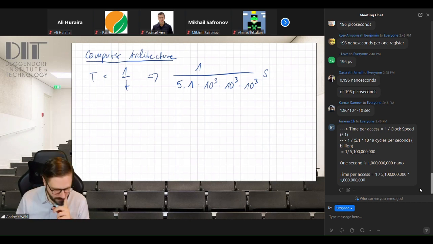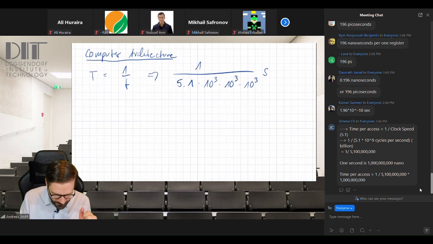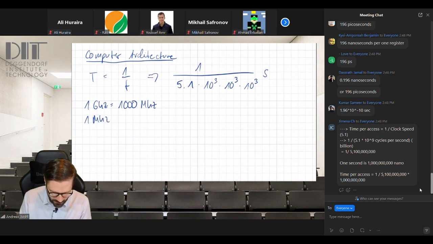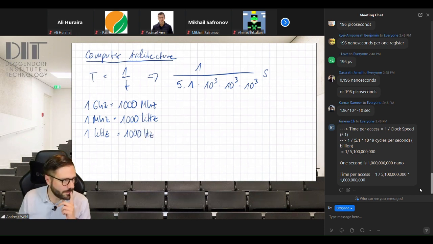How small is it? Well, we know 1 gigahertz is 1000 megahertz, which is 10 to the power of 3, right? So 1 megahertz is 1000 kilohertz, and 1 kilohertz is 1000 hertz, right?